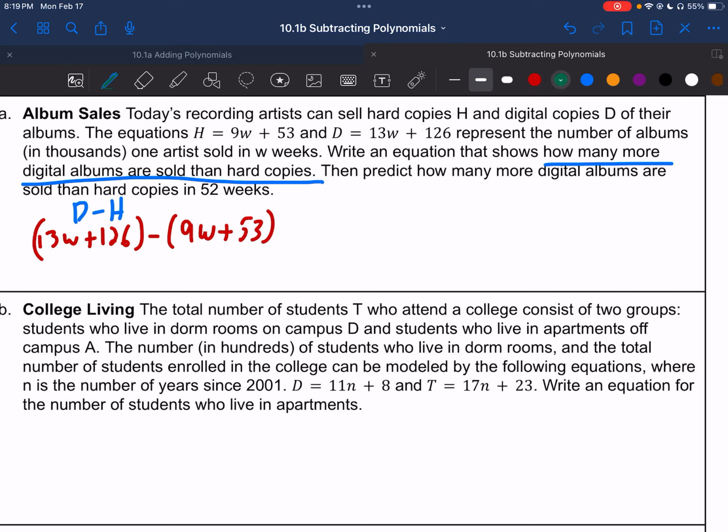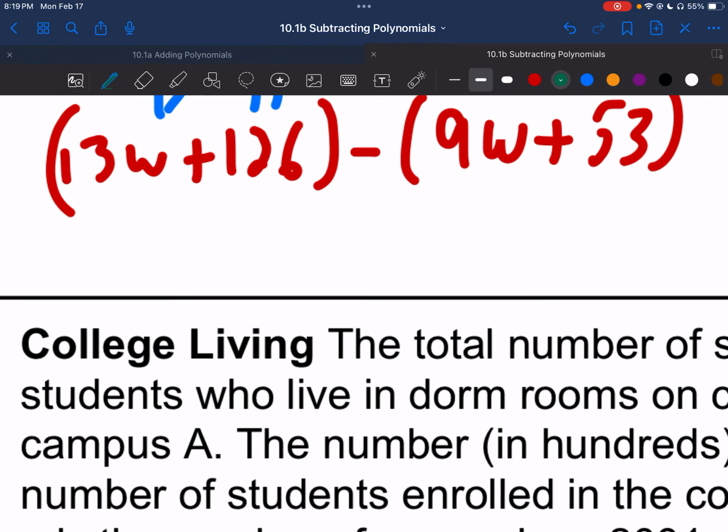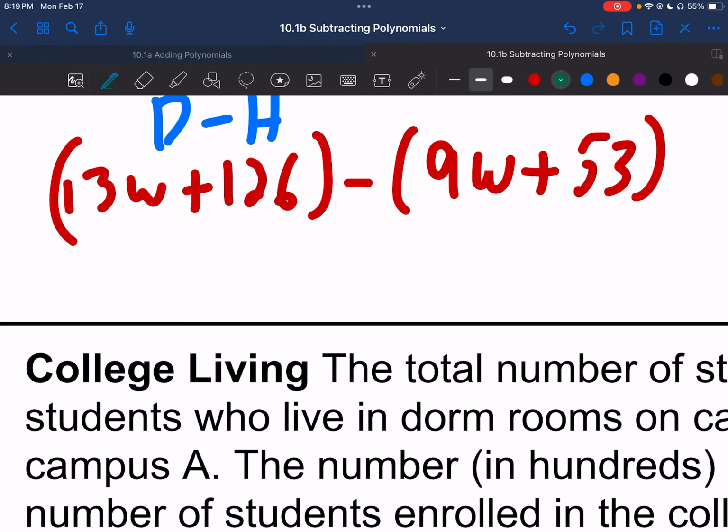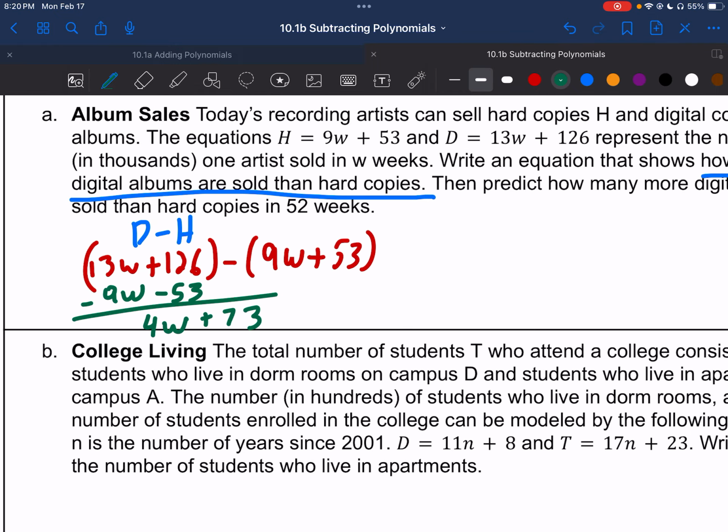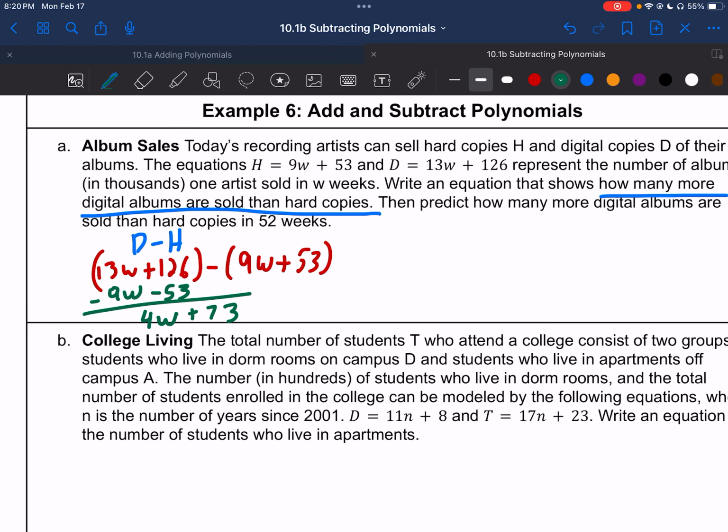Okay. And when we do that, we can do whatever method we want. Let's do the vertical method here. So we have minus 9W and minus 53. And so 13W minus 9W is 4W. And 126 minus 53 is plus 73. So that's going to be how many more digital albums there are than are hard copies.